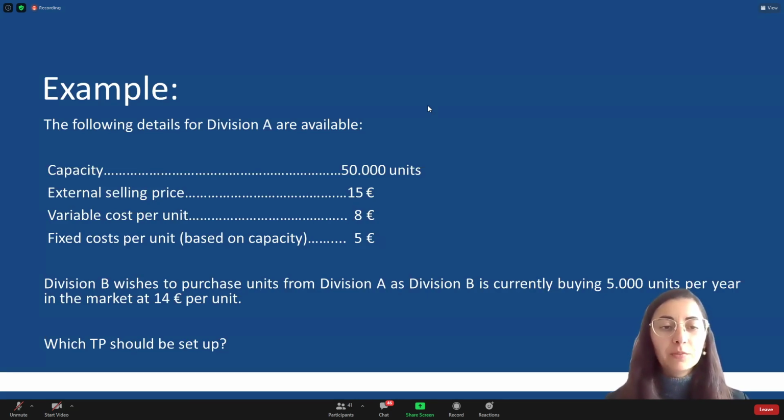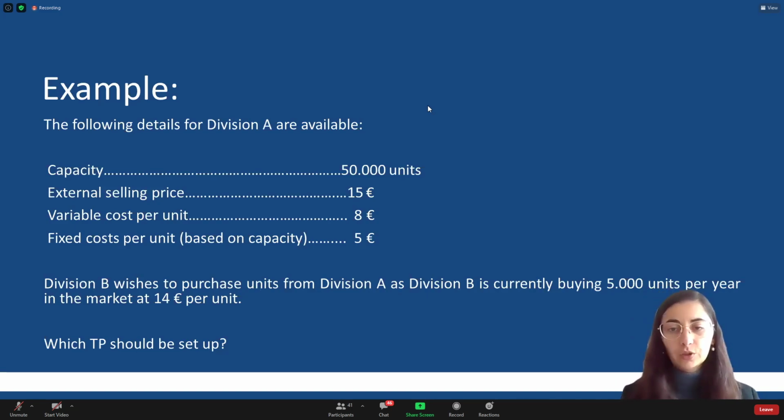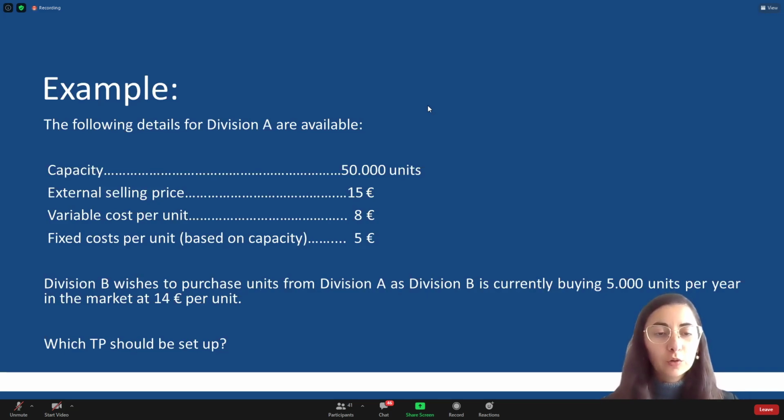And we have division B, which wishes to purchase units from division A. Division B is currently buying 5,000 units per year in the market at 14 euros per unit. And they are asking what should be the transfer price. What should be the transfer price? So there's a capacity of 50,000.